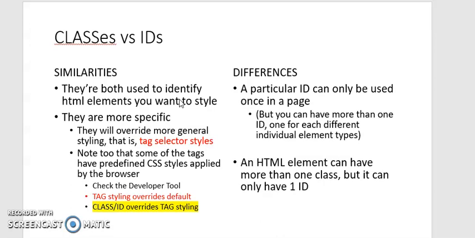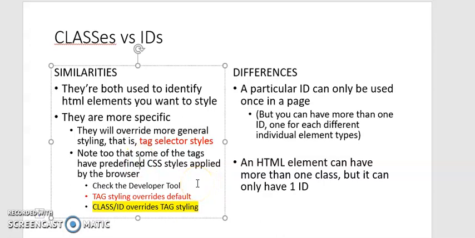selectors. So if there is a tag selector already in the code and you use a class selector or an ID selector, either of these, a class or an ID, will override more general styling that you can do with a tag selector.